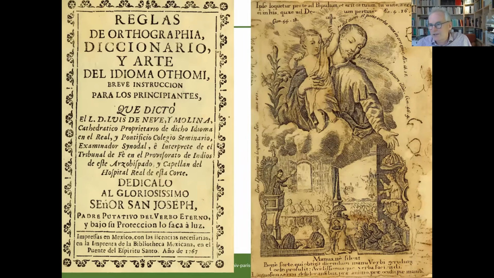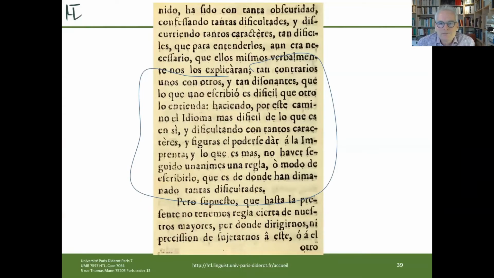So here is a different title. It is not used only by this author, but it's not the rule. It is, let's say, an exception. So how you can find this kind of information in the prologue?